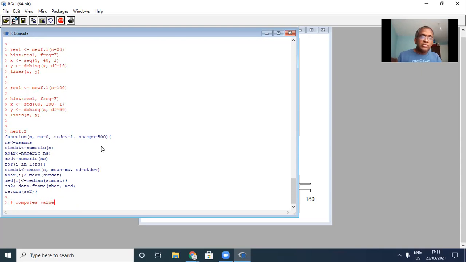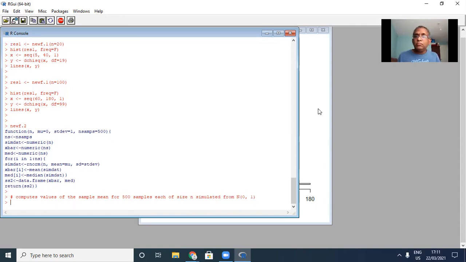Well, let me put it like this. It computes values of the sample mean for 500 samples, each of size n, simulated from N(0,1), right?